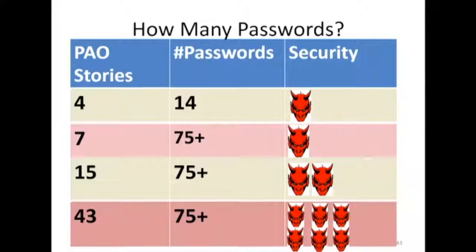So to get stronger guarantees, this technique is particularly powerful as the number of stories grows. With 15 stories, I can get security 2 and 75 accounts. If I just add 1 more story, I think the number of passwords that I could form skyrockets up to like 160 or something like that.